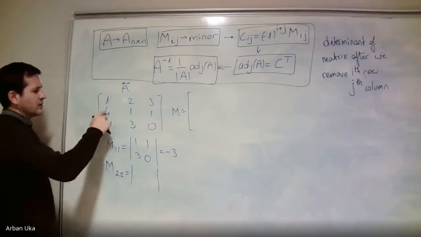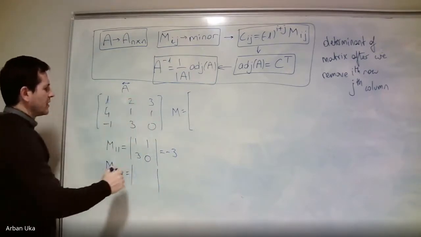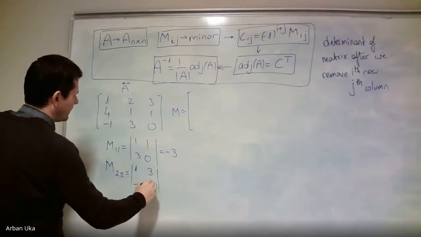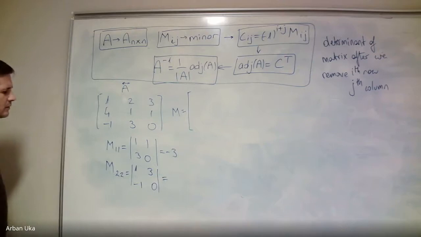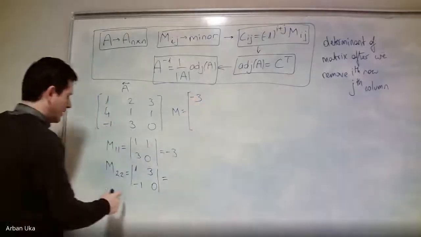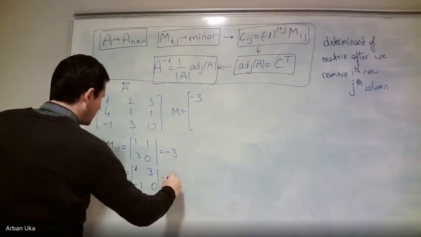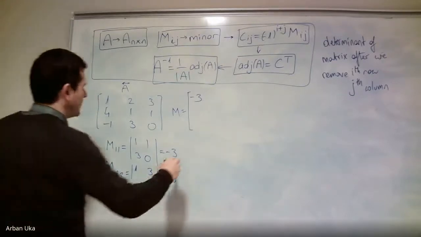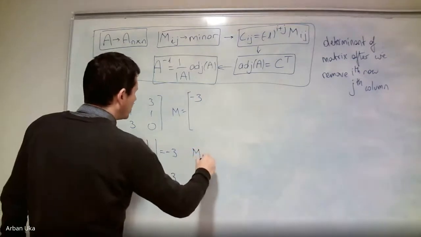M22, we remove the second row and the second column. And can you help me what we are going to get? What is the M22? Minus 3. That's probably 3. Would you agree? Yes. Okay. Then let's find M12. What is M12?